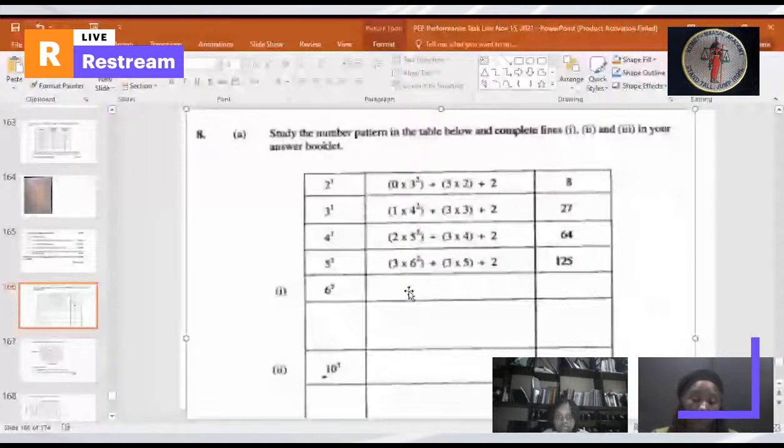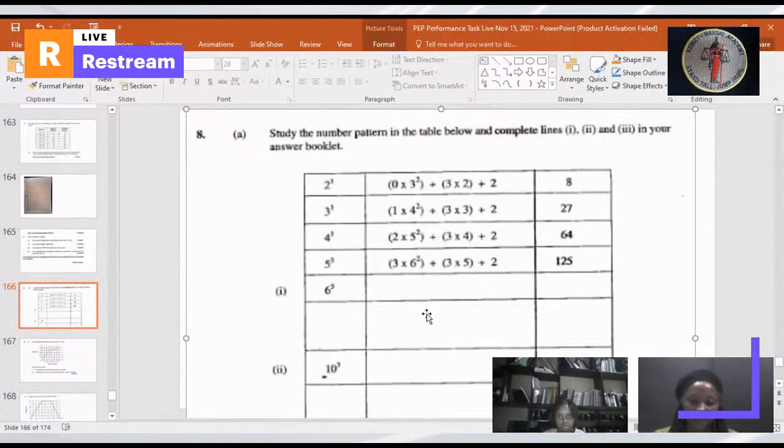Miss, so 6 minus 2, so 4 times 6 plus 1, which is 7. So 4 times 7 squared, in brackets, plus 3 times 6 plus 2.